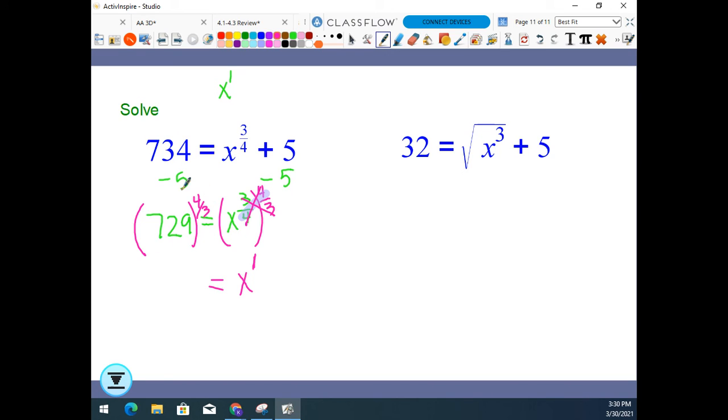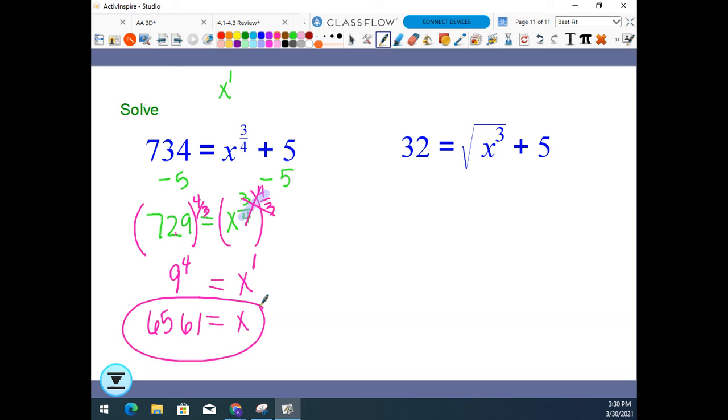Now I just need to simplify this. This is the cube root of 729, which is 9. And then I need to find 9 to the 4th. It's 81, carry the 8, 6, carry the 2, 65, 61 is my final answer.